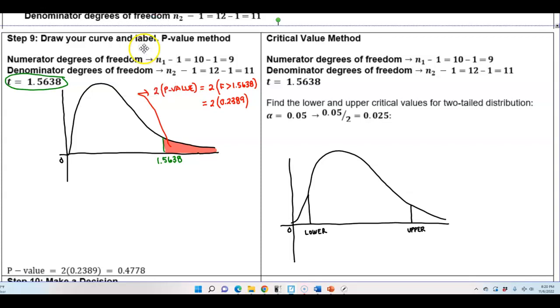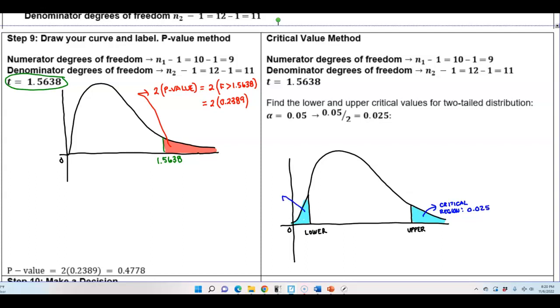And what else do we know? Well, we know that these areas are going to represent the critical regions. So we have a critical region here, and that is 0.025.